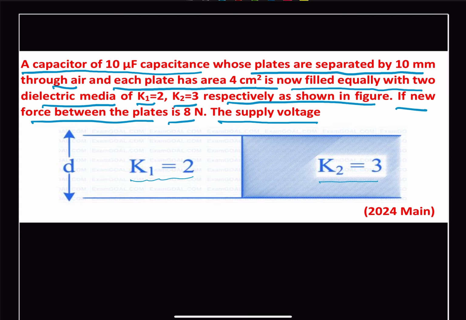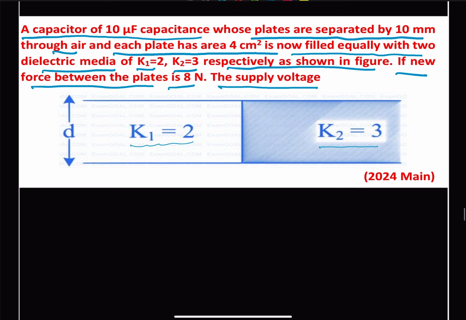So initially we have a capacitor, and let us draw the basic figure without dielectric. Capacitance is C0, the area of the plate is A, and the distance between the plates is D. Everything is given to us.